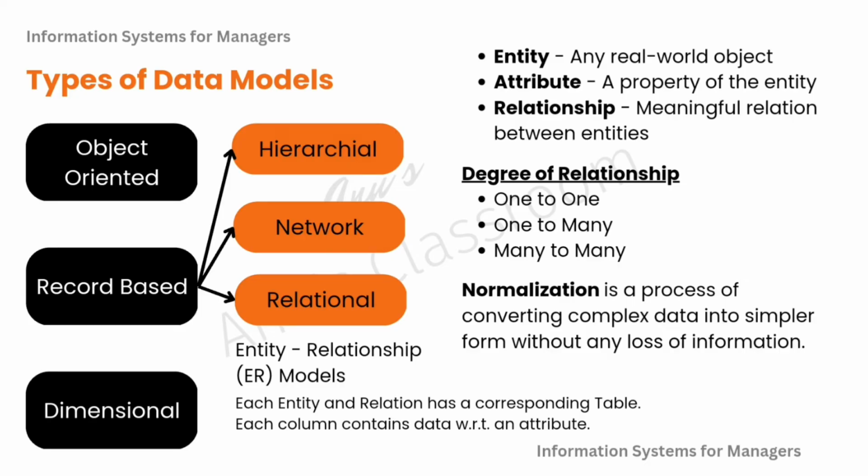Now, normalization is another term which you'll often come across when we talk about databases. Normalization, you must understand, is a process of converting very complex data into simple information or simpler forms without any loss of information. The easiest example I can think of is your photo.